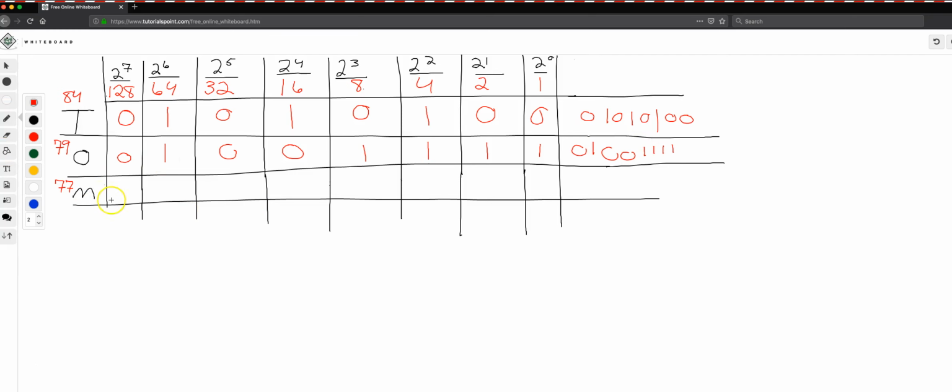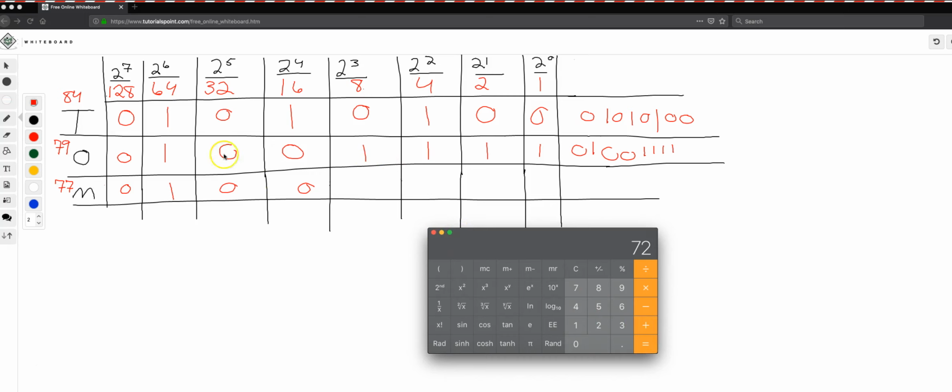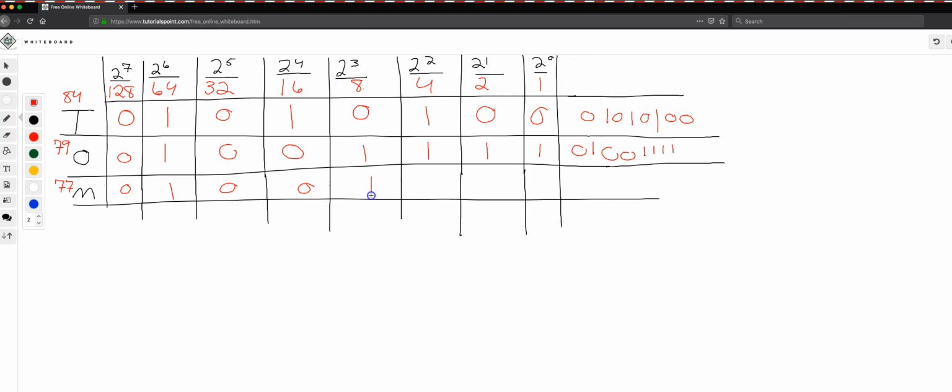Okay, and our final one is the letter M. This one's kind of easy to do because we can go off what we did for the letter O. Again, we know 128 is too large for 77, and 64 goes in, and 64 plus 32 and 64 plus 16 were too big, just like for 79. If we do 64 plus 8, because we want to make sure we don't go over, that is 72, so we accept that one.